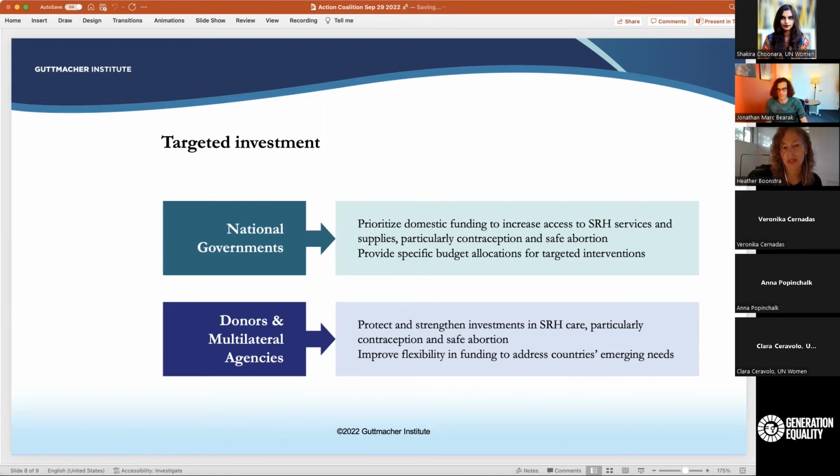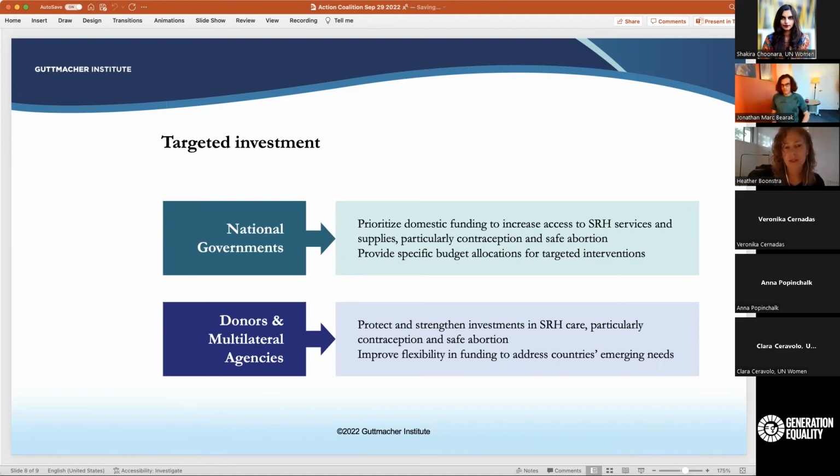Certainly these disparities between the countries and within the regions really demonstrate the critical need for targeted investments. We've zeroed in on national governments in particular and how they themselves can prioritize domestic funding in order to ensure that there is access to quality and affordable sexual and reproductive health services in their country, and even providing specific budget allocations so that this can be tracked over time.